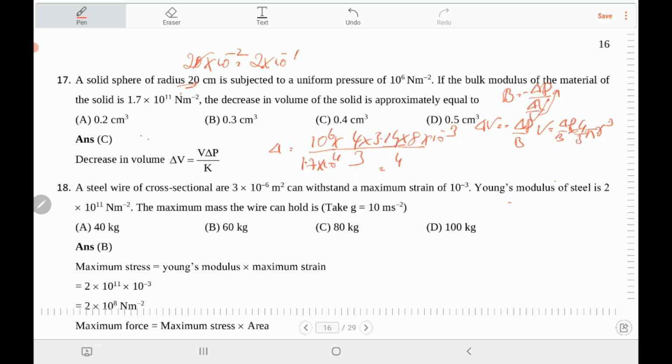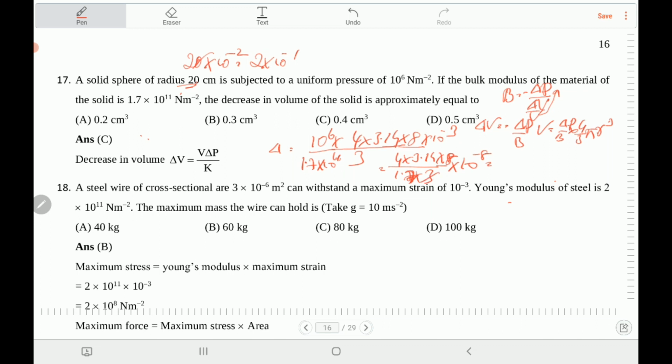Numerator 4 into 3.14 into 8, divided by 1.7 times 3, and the power 10 raised to the power. Look at the value here: 11 comes to numerator, minus 11. Minus 11 minus 3, minus 14. Minus 14 plus 6, minus 8. That's it. Now you can approximately find the value.